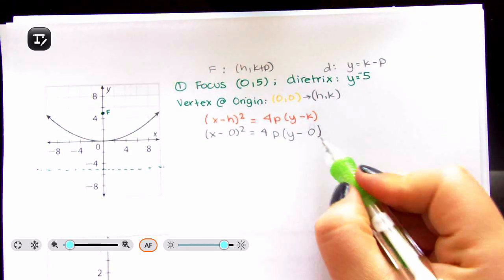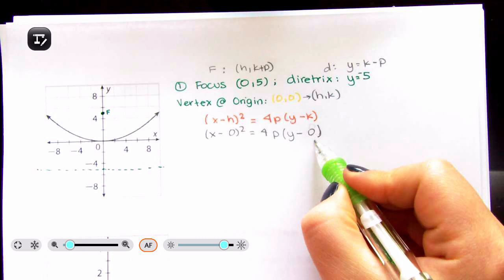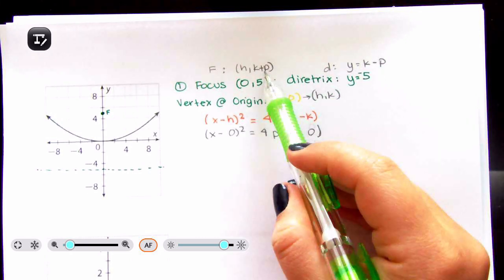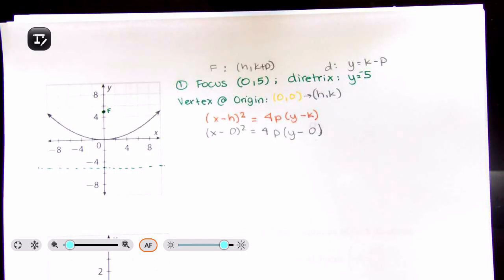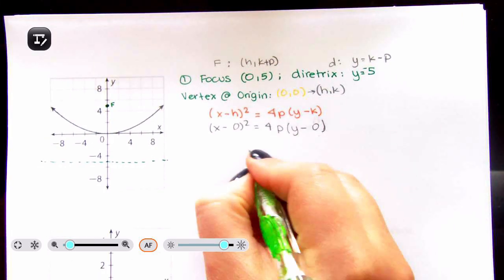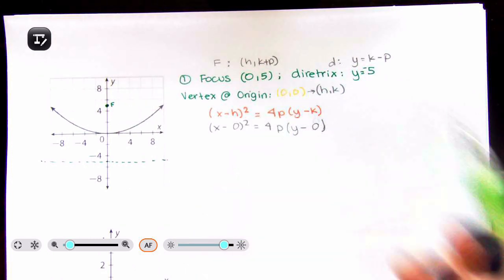So we know what k is. K is 0. So p is going to be what? So we need to find out what P is. You can do it two different ways.